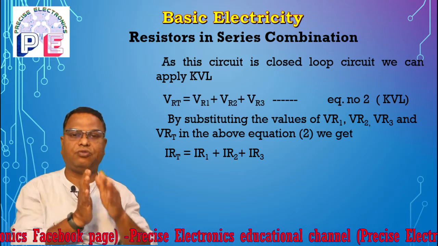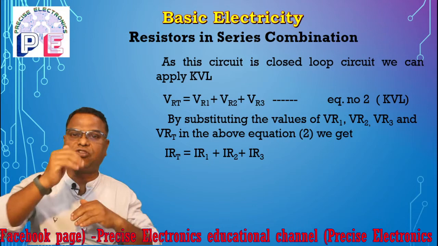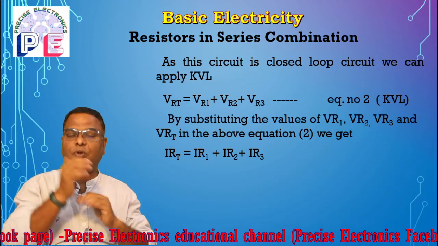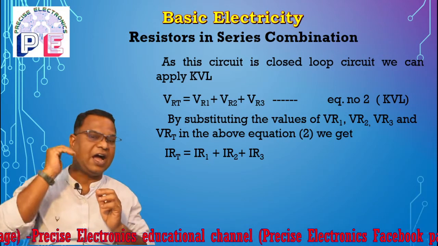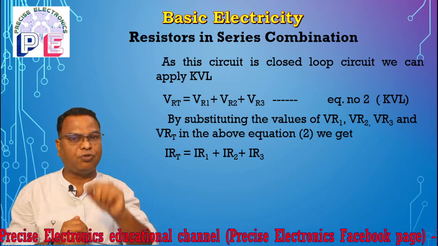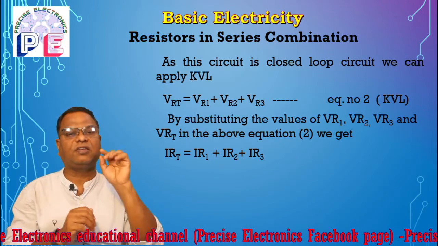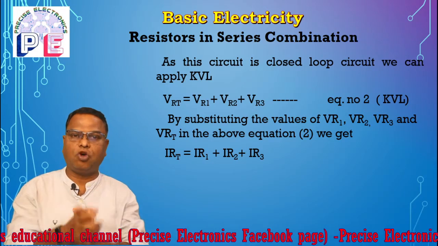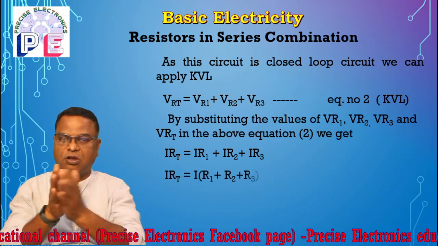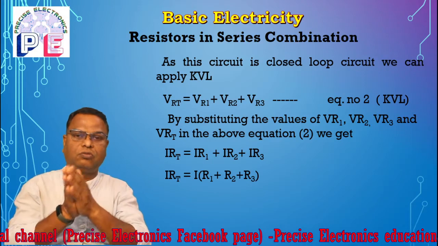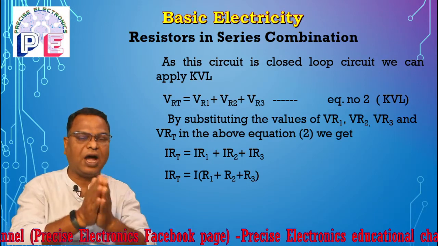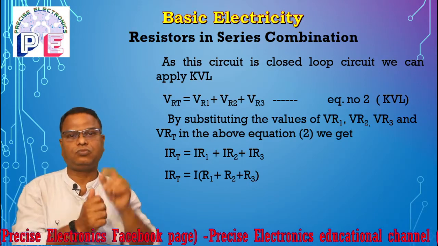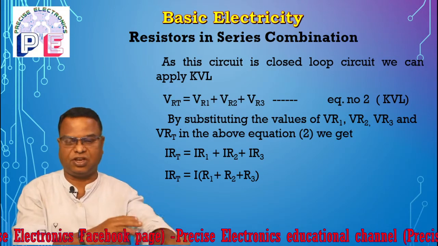So by substituting these values in equation number 2, we get IRT is equal to IR1 plus IR2 plus IR3. Obviously in this case I is common, so by taking it out, IRT is equal to I in bracket R1 plus R2 plus R3.